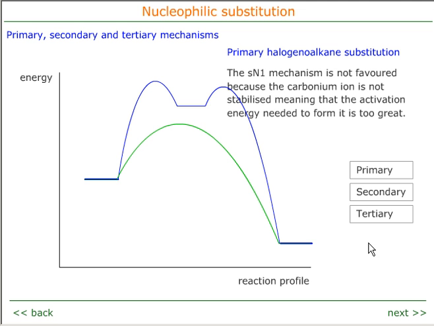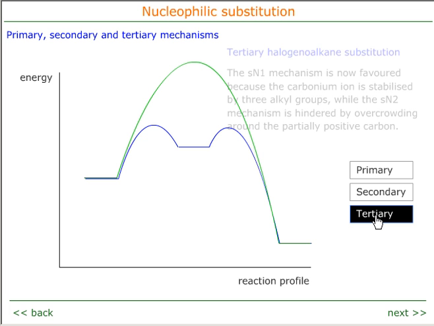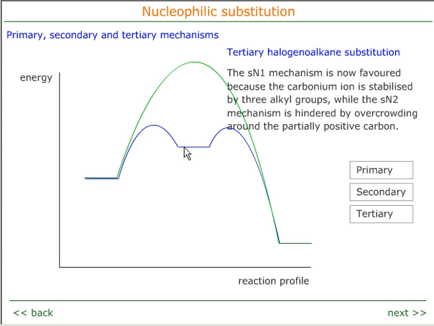Now if we look at the tertiary situation, it's reversed. The tertiary goes via SN1 because the intermediate is relatively stabilized and the SN2 mechanism is relatively much higher energy because of the steric hindrance.